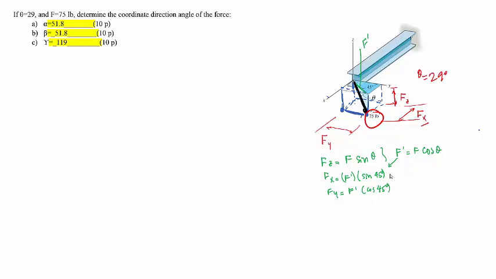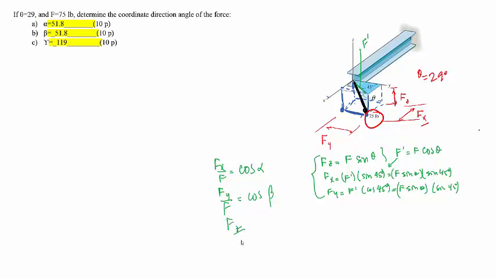In other words, it would be equal to F sine zeta sine of 45 degrees. So you have your x, y, z. Now, Fx over F would be the cosine of alpha. Fy over F would be the cosine of beta, and Fz over F would be the cosine of gamma.